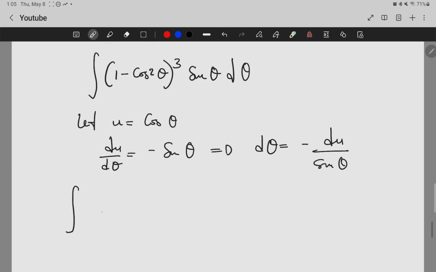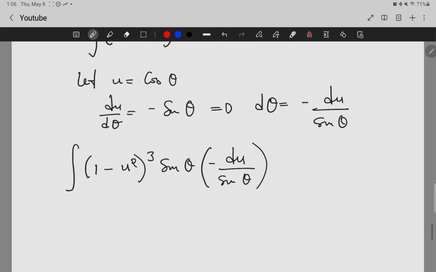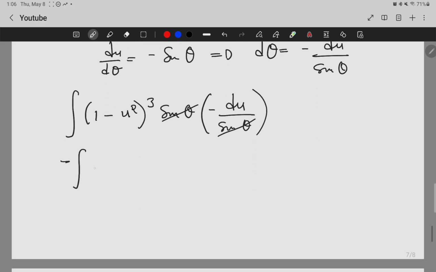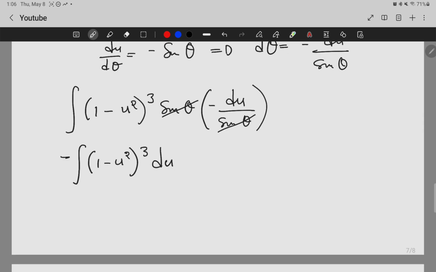When we make the substitution now, we're going to have 1 minus u squared, of course, raised to power 3 as well. Then sine theta, where we have d theta, I mean, have du over sine theta there. The sine theta and the sine theta will cancel. The negative comes first. So now we have 1 minus u to the power 2 to the power 3 du.